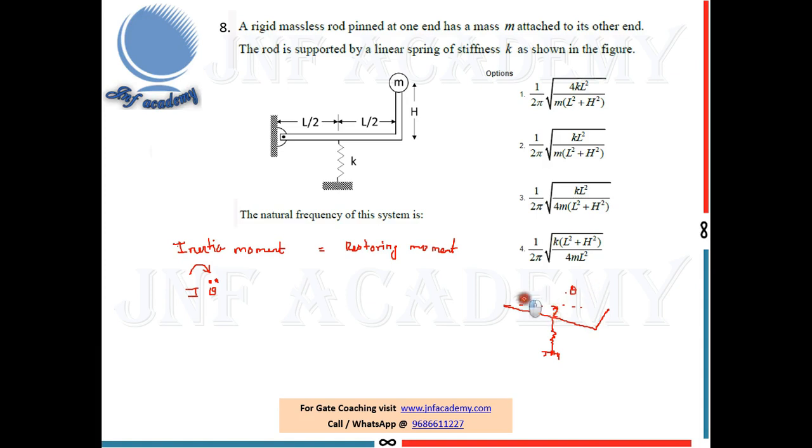So this is L by 2. I can consider this as x. So x is equal to r theta. Here the radius is L by 2, so x is theta into L by 2.